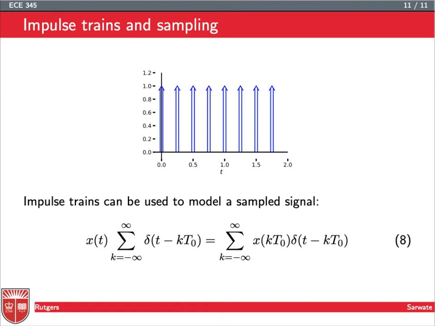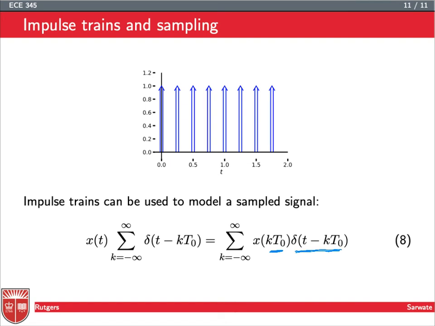So what's useful about impulse trains? Well, we can use them to model a sampled signal. If I look at x of t times this impulse train, then at the output I'm just evaluating x at those points in the impulse train, at integer multiples of kt0, and then I'm getting delta of t minus kt0.